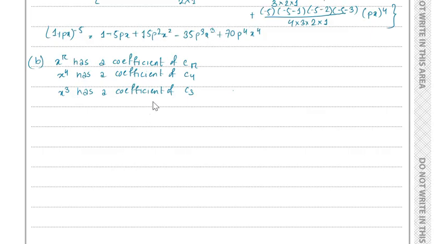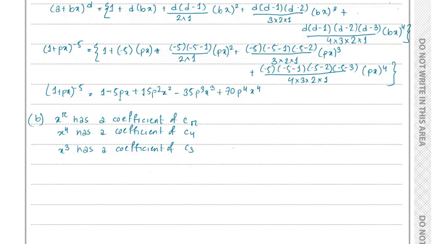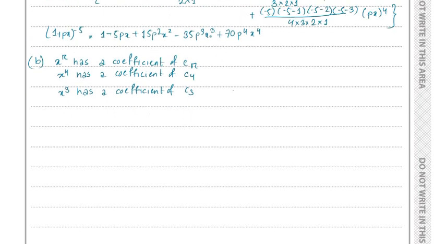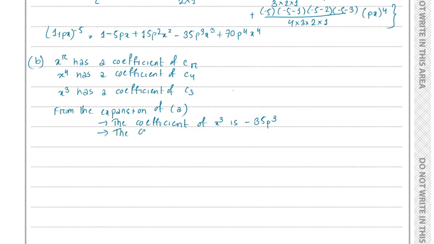So in the expansion that we did for part A, the coefficient of x to the power 3 is minus 35p cubed, and the coefficient of x to the power 4 is 70p to the power 4.